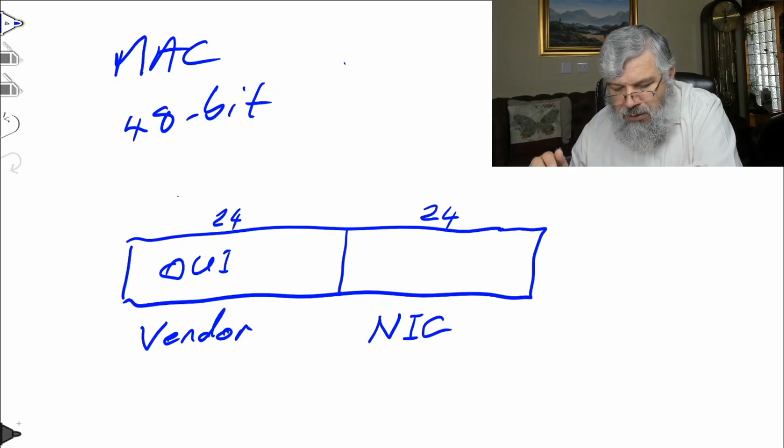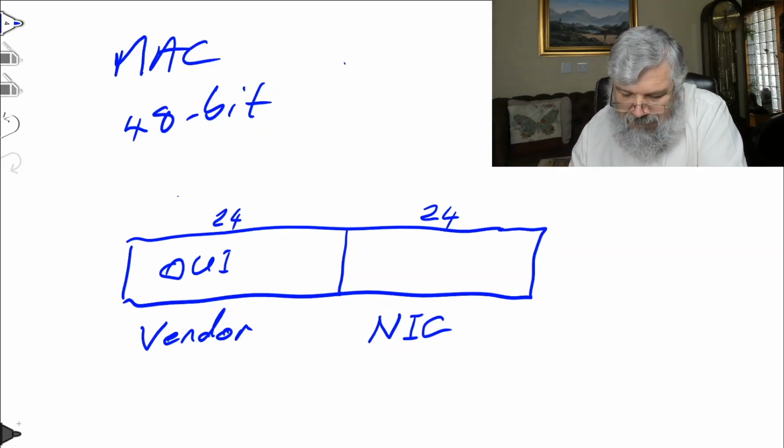One other remark: we generally think about unicasting, sending something to a unique other station on the bus, but the scheme also makes provision for multicasting and for broadcasting. And I will let you guess what the broadcast MAC address is. Okay.